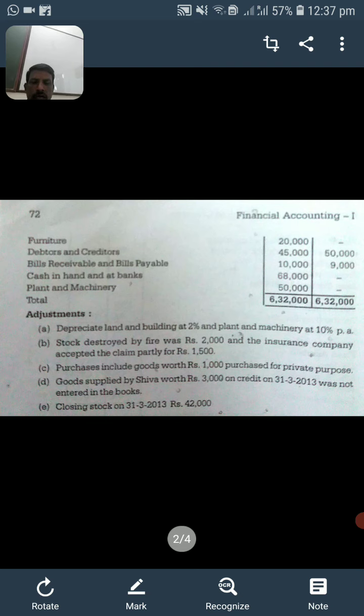Here there is a loss of rupees 500 because 2,000 minus 1,500, so total loss on stock destroyed was 500.